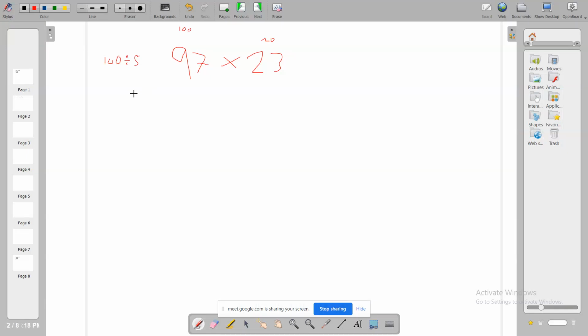Let's continue. Now I can draw my circle from here. You ask yourself, is 100 bigger than 97? Yes. If yes, what's the difference?